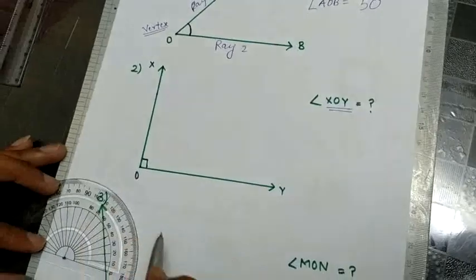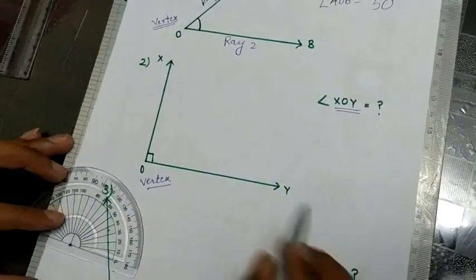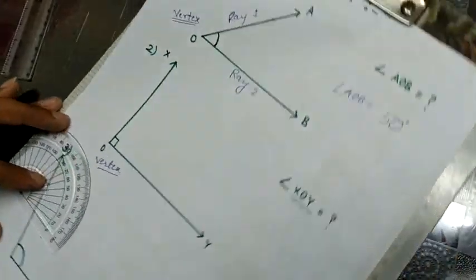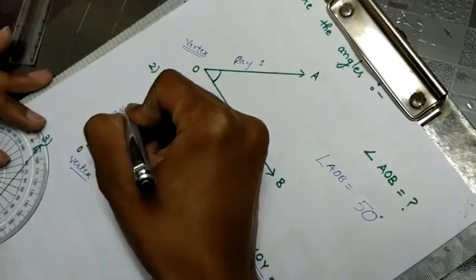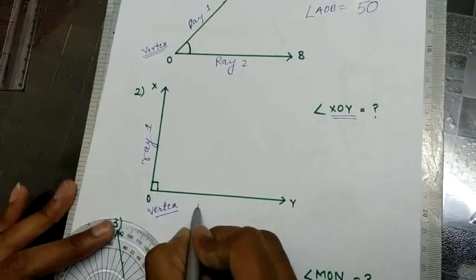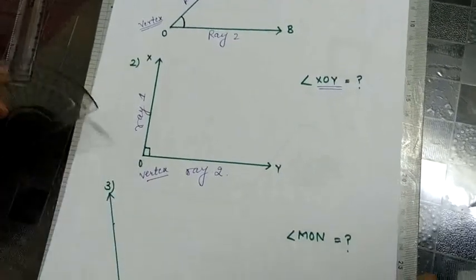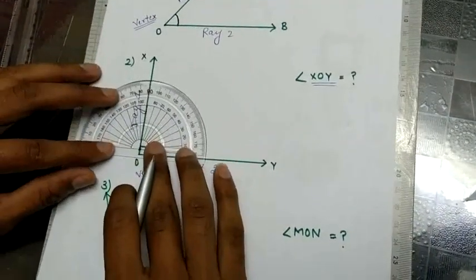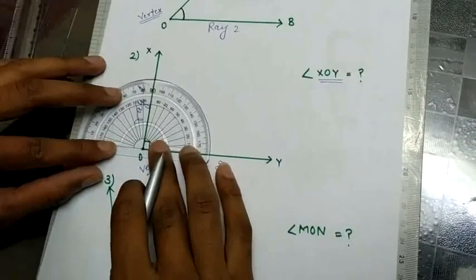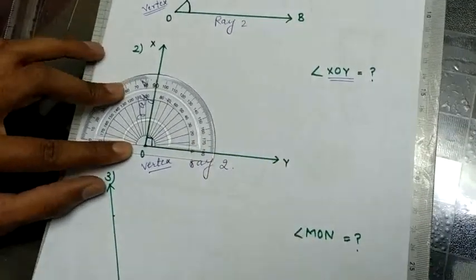O is the vertex point and XO is ray 1 and OY is ray 2.